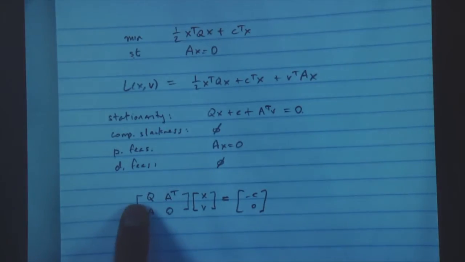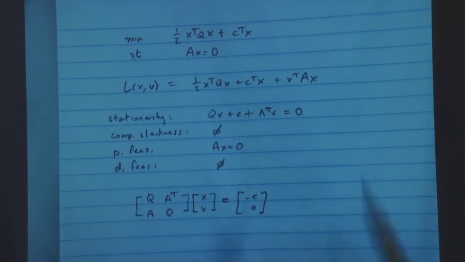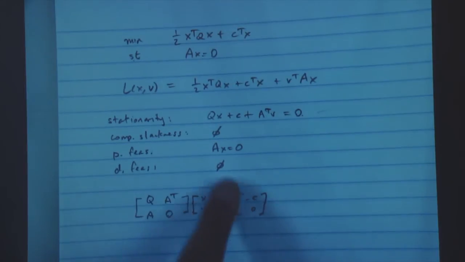Okay, so the first equation reads Qx plus A transpose v equals minus c. That's just the stationarity condition. The second block of equations here reads Ax plus 0 times v equals 0. So that's just Ax equals 0.